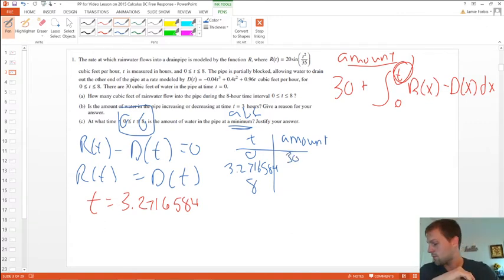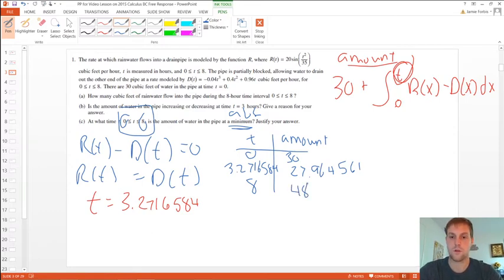If I plug 3.2 in, I get 27.964561. And if I plug 8 into that, I get 48.54386, whatever.